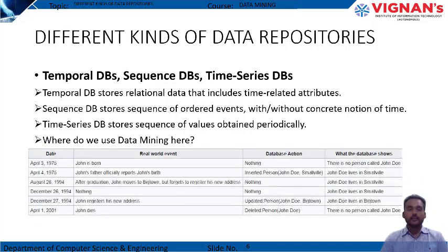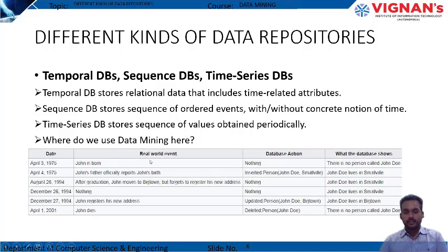So where do we use data mining here? I'll give you a small example. This is how our time series database looks. It's not exactly a time series database, it's a temporal database rather, sorry. This is recording the events that have happened in the life of a person named John.